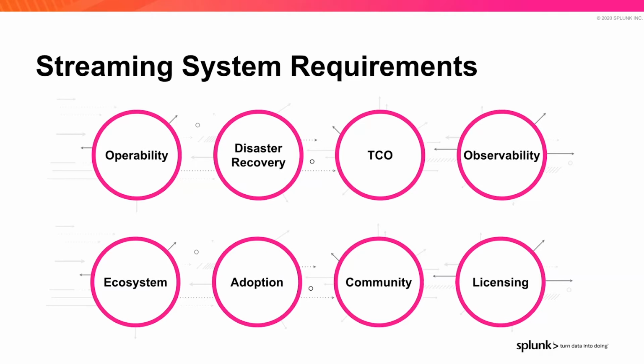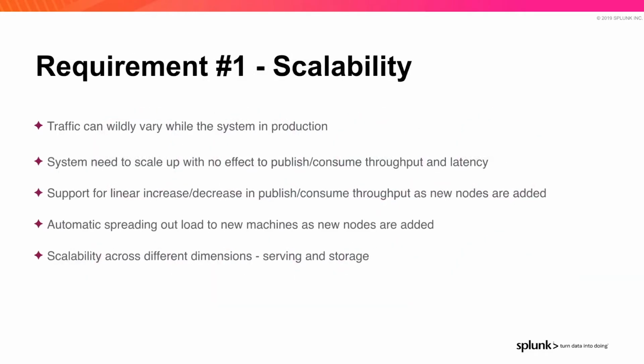And because of the open source nature of the components, what is the ecosystem, what kind of adoption and community does it have, and what is the licensing model. So there is a bunch of dimensions that we need to evaluate, and let me go through each one of them as quickly as possible.